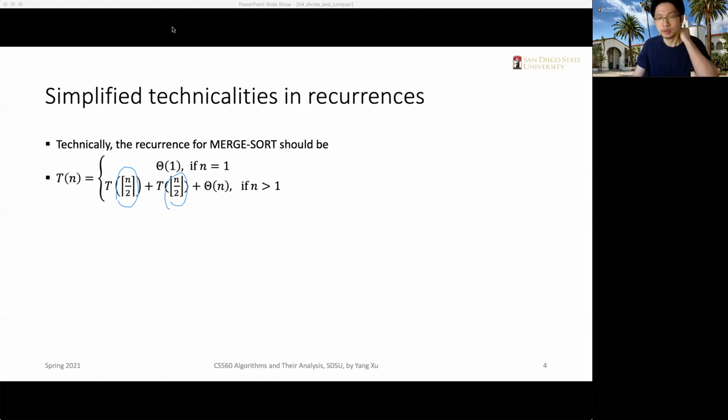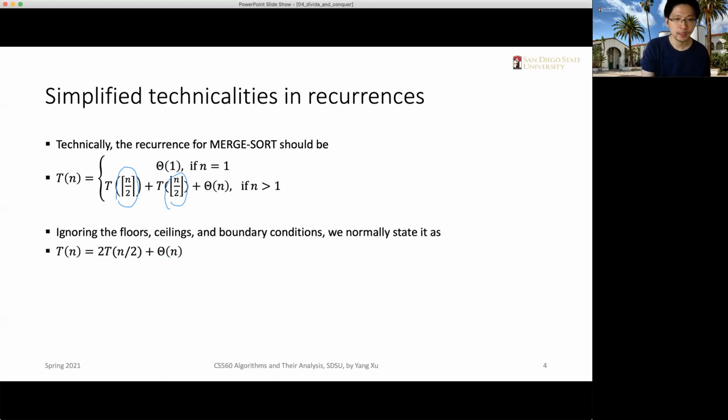In order to handle that uncertainty in the input data, we need to consider all possible conditions. But usually we can ignore the floors, the ceilings and the boundary conditions, and we can normally just use one equation to describe the recurrence, because this is the most take-home message we want to know.